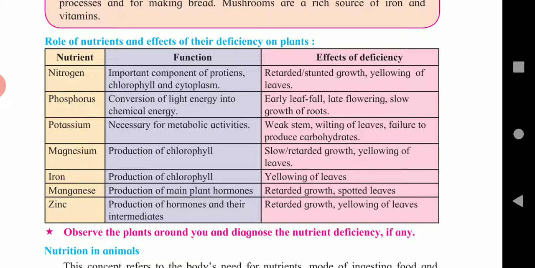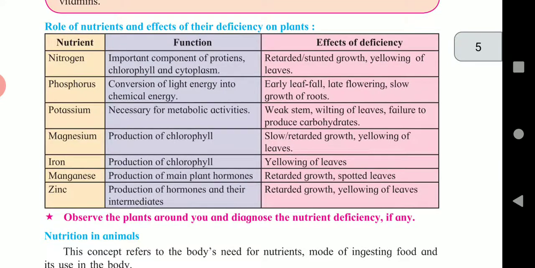Nitrogen deficiency results in retarded or stunted, meaning slow, growth and yellowing of leaves. Second one, phosphorus. It plays a role in photosynthesis. It converts light energy into chemical energy.